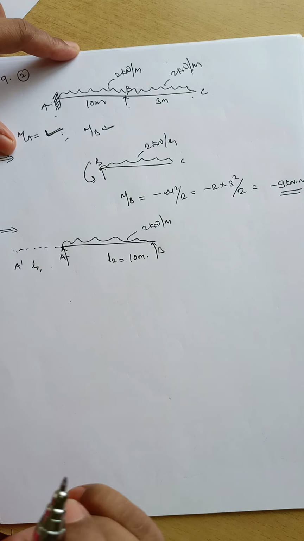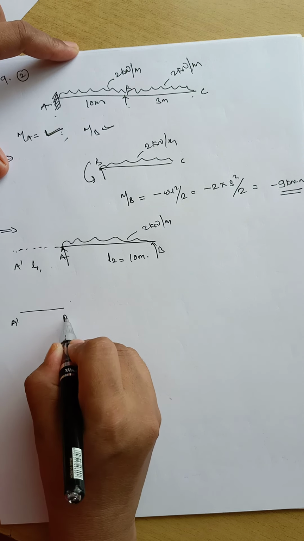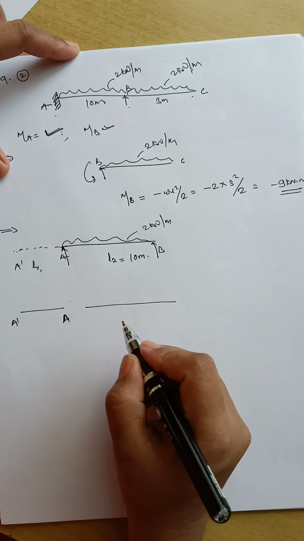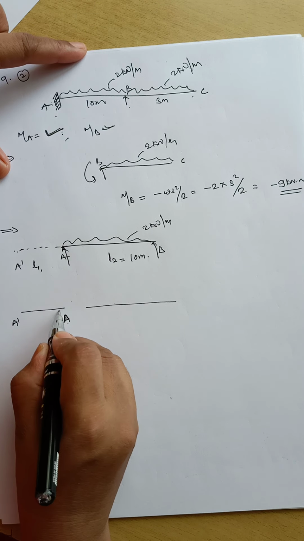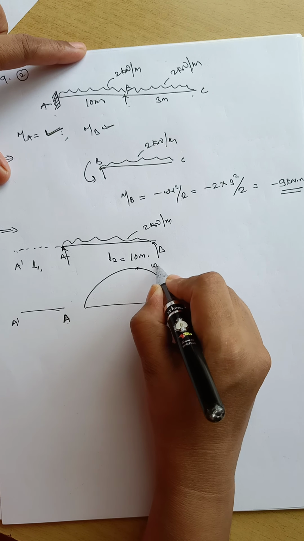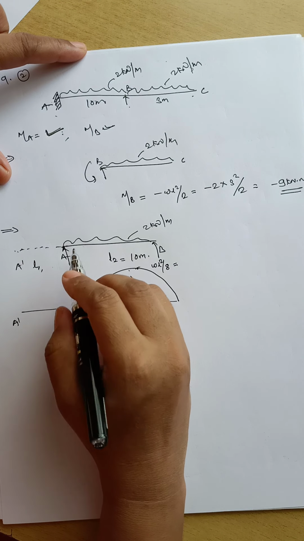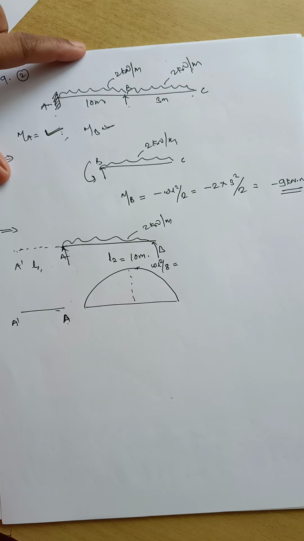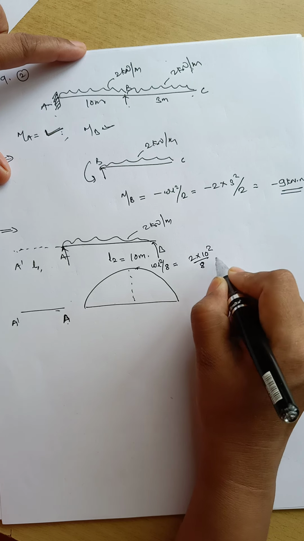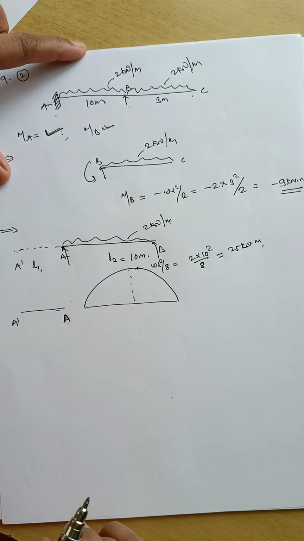Considering this beam as a free end beam, the moment diagram for A dash A is zero, and for AB we consider a parabolic moment WL square by 8. It always acts at the center because the load is on the whole span. So we can write 2 into 10 square by 8, which is equal to 25 kilonewton meter.